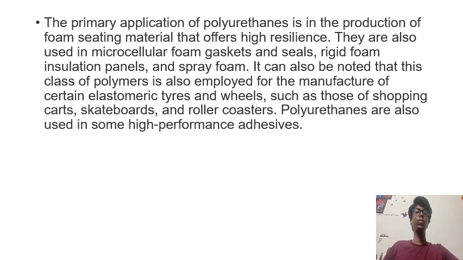Primary application of polyurethanes is in production of foam seating material. This is what it is about polyurethane. It is used in production of foam seating materials that offer high resilience.